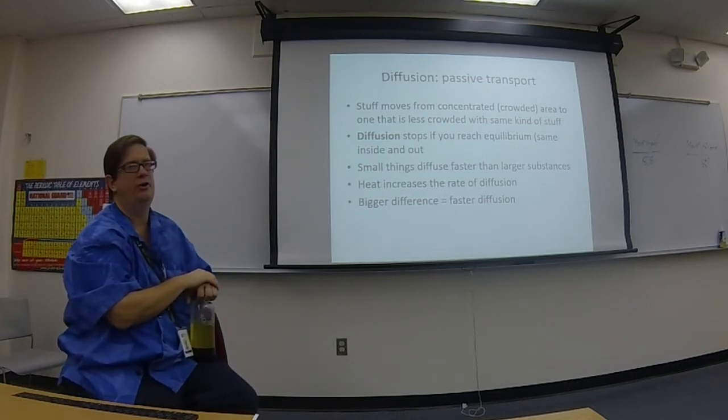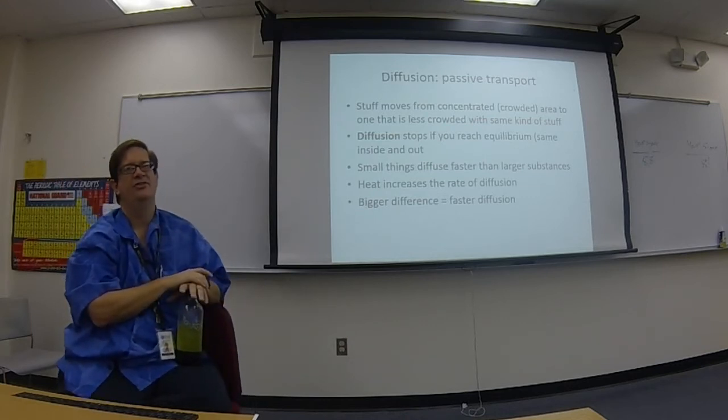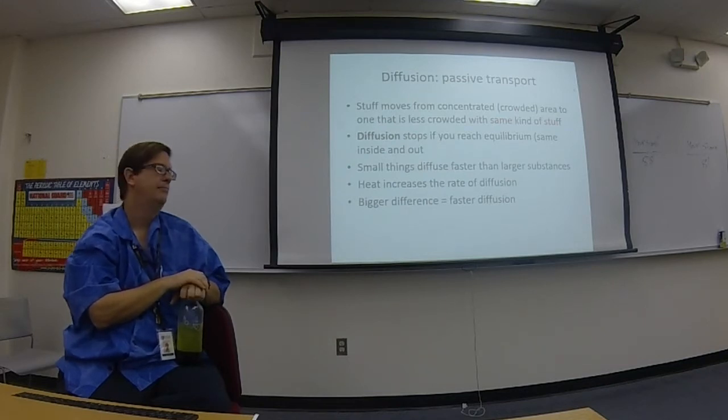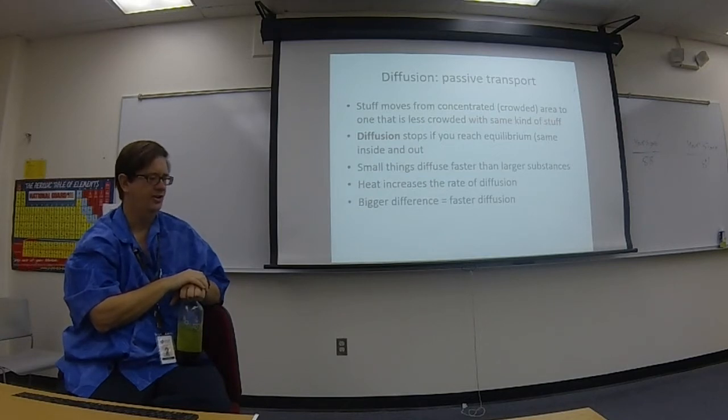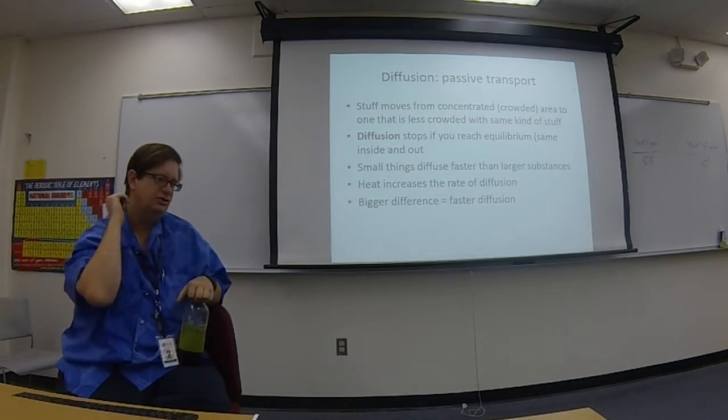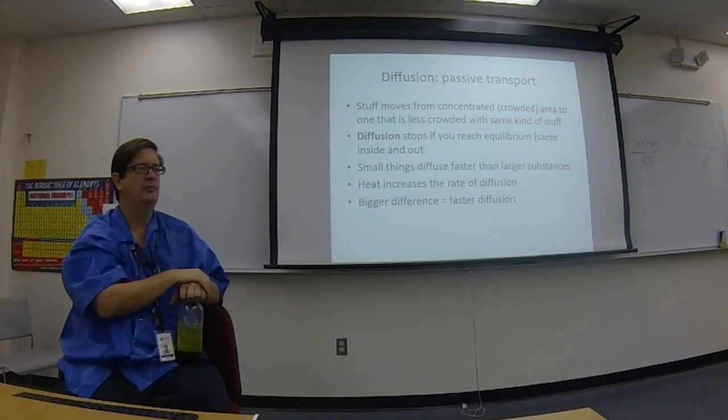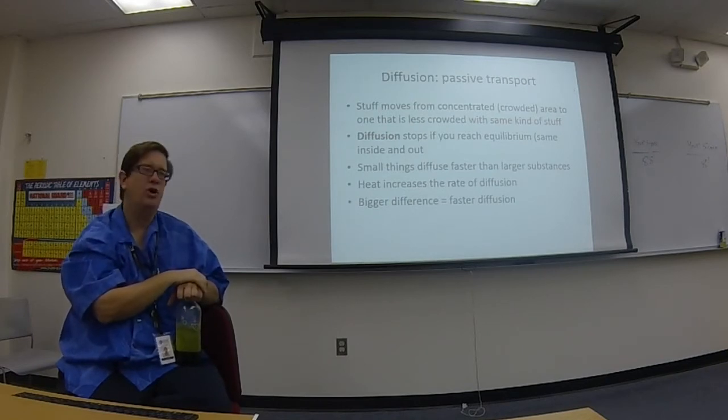Water, you have water inside, you have water outside, there's not going to be that much motion, right? But if you have pure syrup on the inside, you're going to have motion into the syrup trying to dilute it because water wants to dilute things, right?